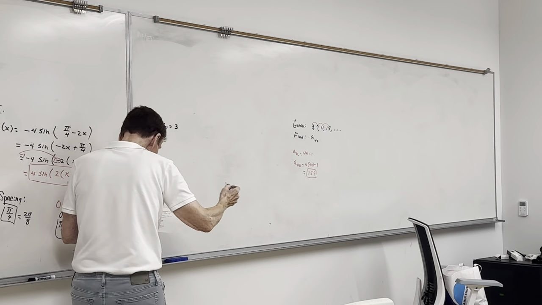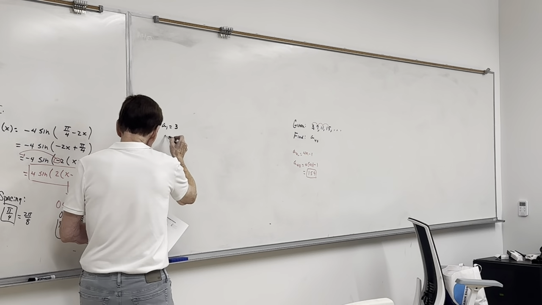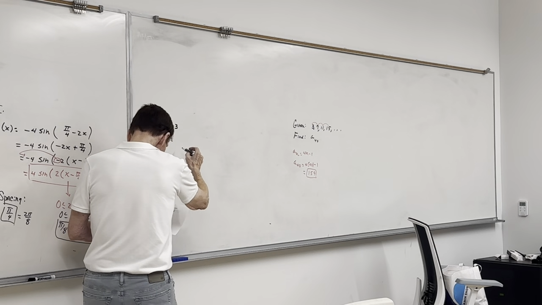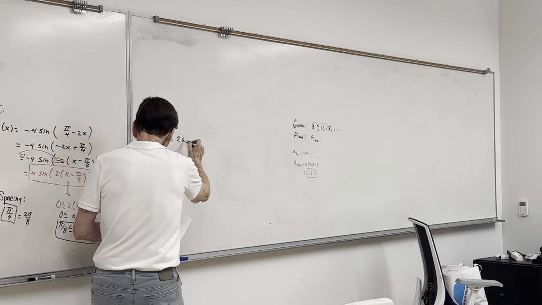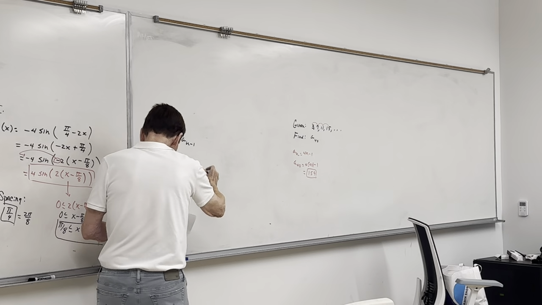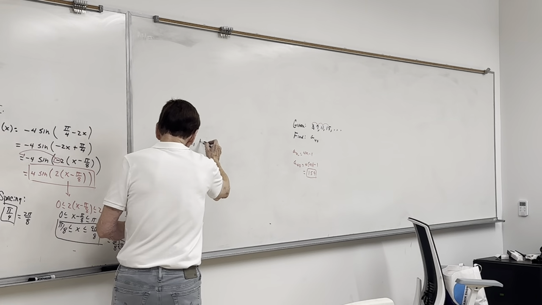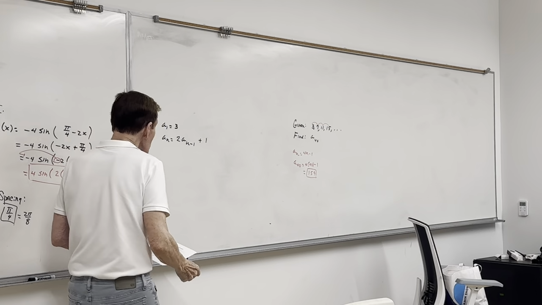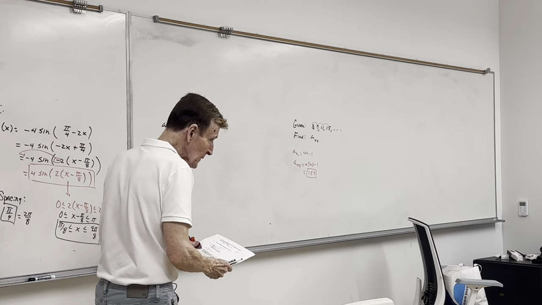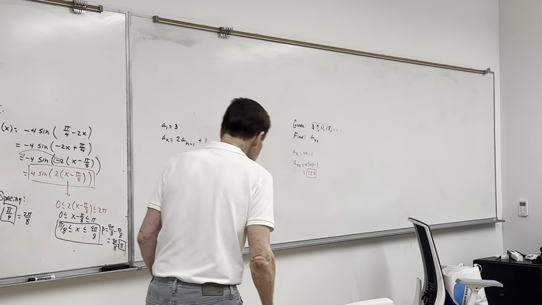And then all of a sudden I give you a formula. A subscript n is equal to 2 times A subscript n minus 1, plus 1. And I'm asking you to write the first 3 terms of this sequence.